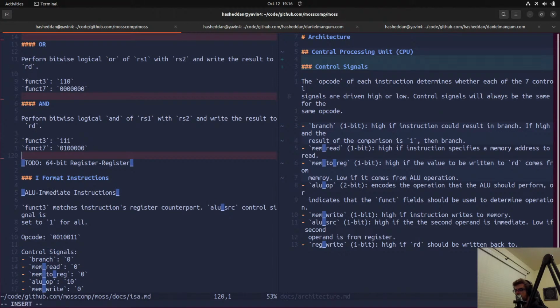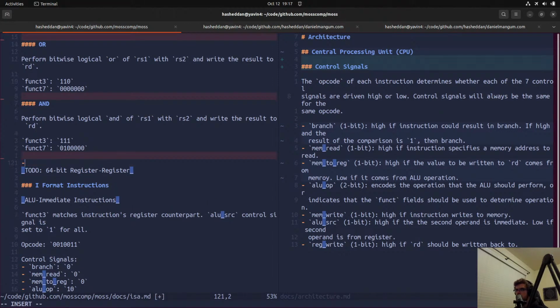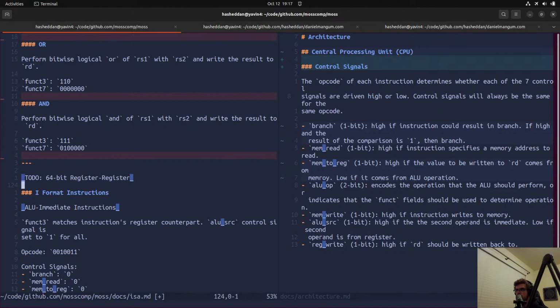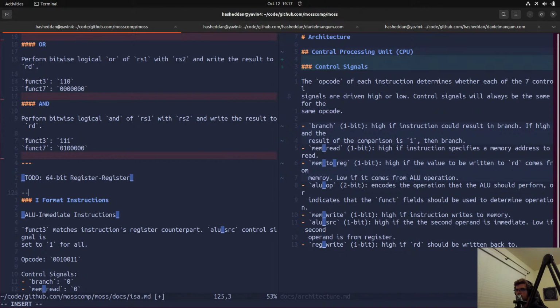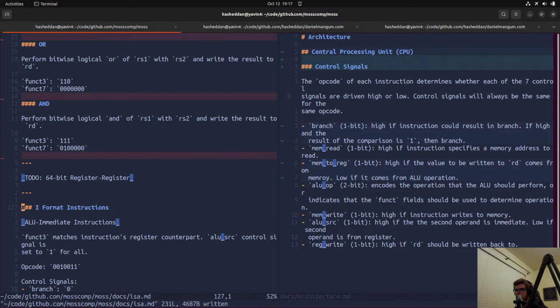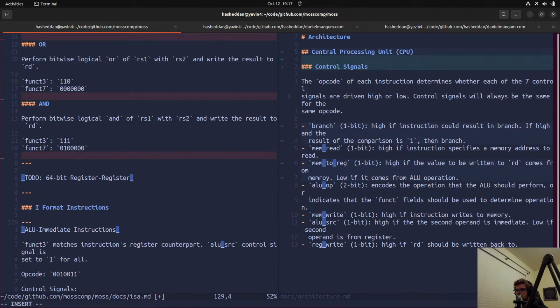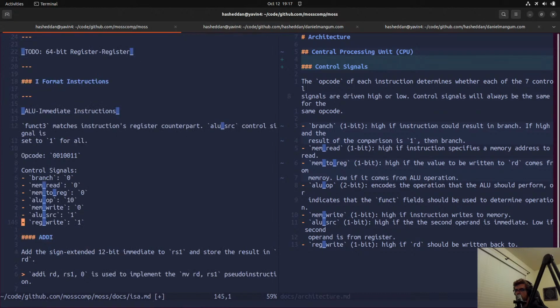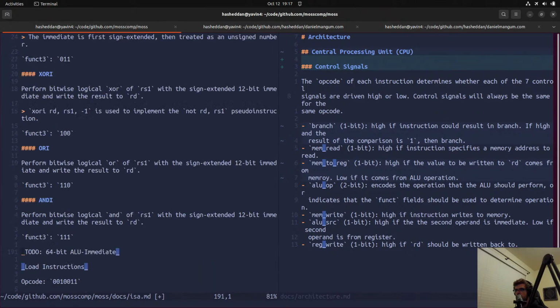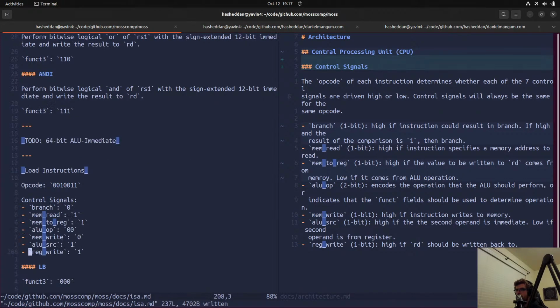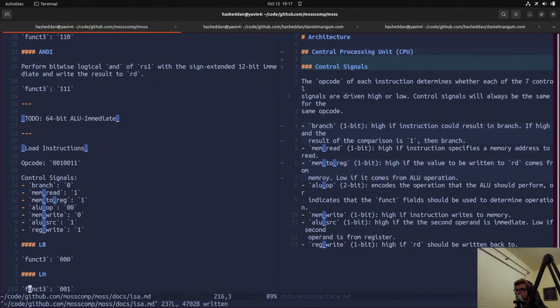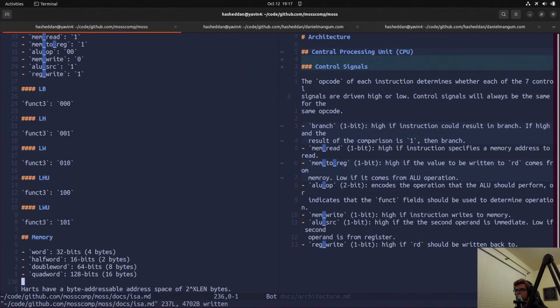Other thing I was going to do was surround these with line breaks so that they're a little bit separated from one another for now. Okay, load instructions.